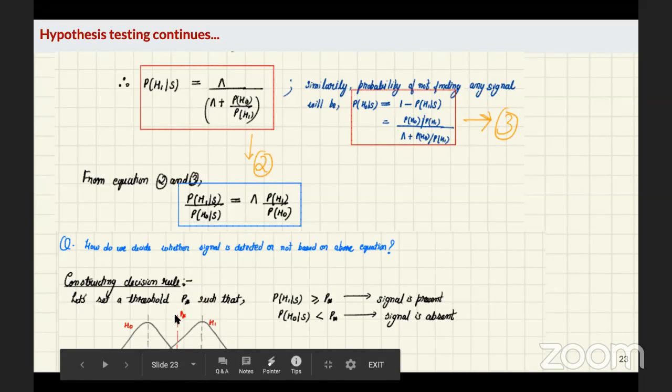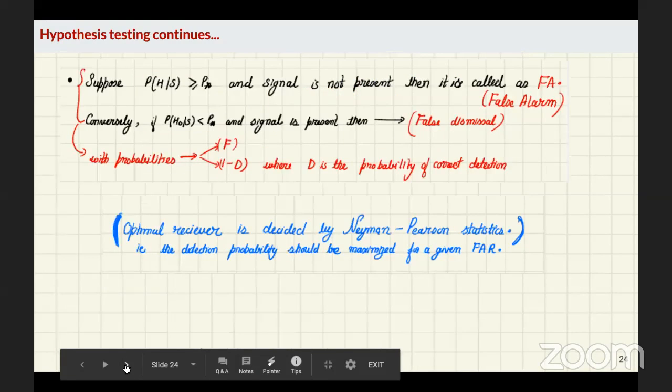Let's say we put a bound, rho star, and this we call a threshold. Depending on the threshold, if any event falls to the right side of the threshold, we say that the signal is present. And if it falls on the left side of the threshold, we say that the signal is absent. Okay, so this forms the decision rule.